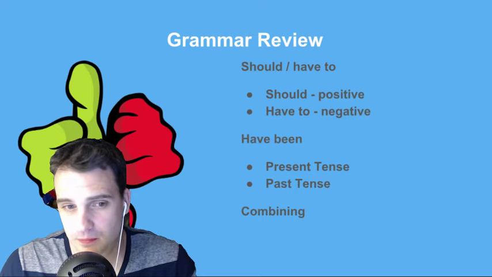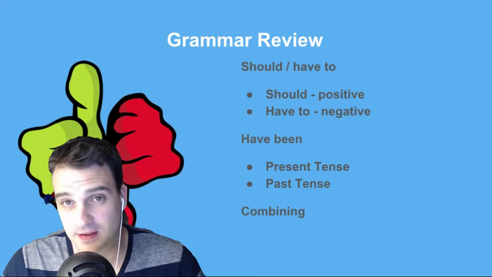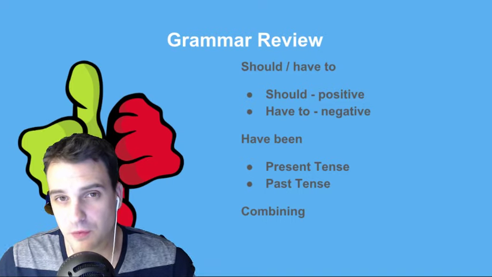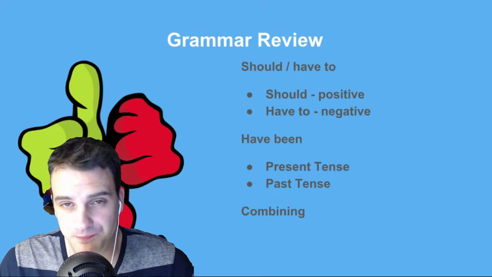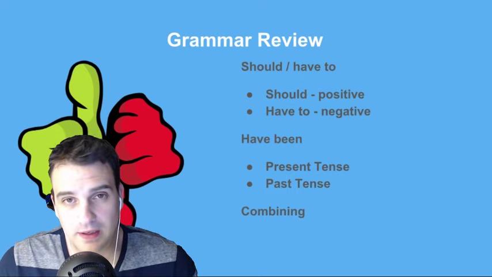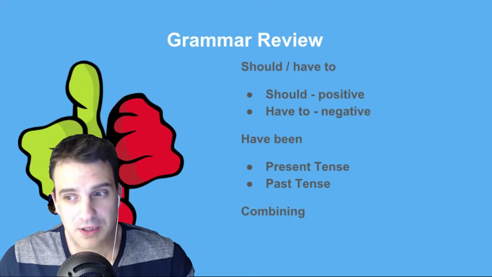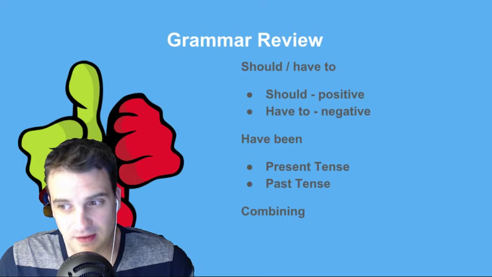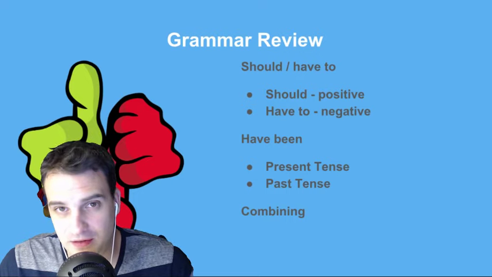And as we make sentences in the past tense, especially had been, I think this is something that most non-English speakers really struggle with. Especially because in most languages, lately uses present tense.